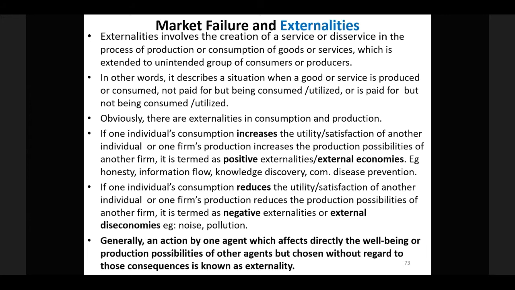So when a production process or consumption of goods and services creates a service or disservice to others, and this is extended to an unintended group of consumers or producers, then we say we have an externality problem here. So again, externalities can result from this service or disservice to market participants.